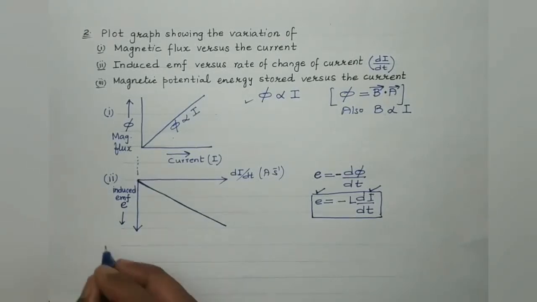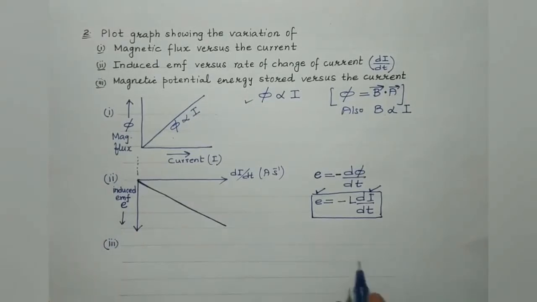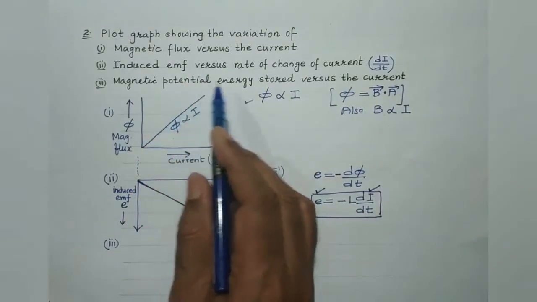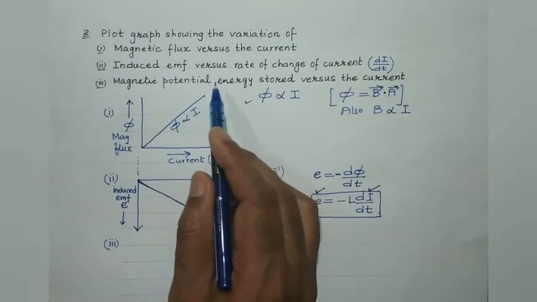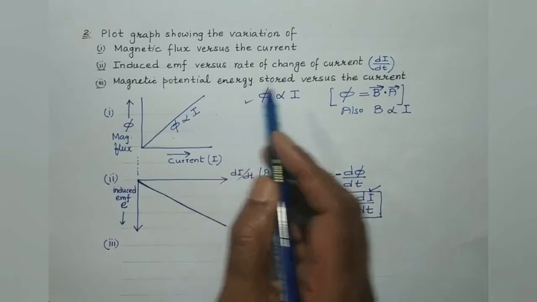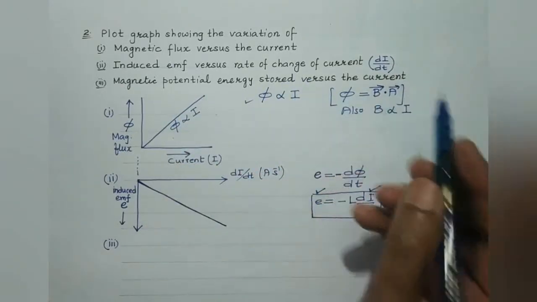Now let's consider the third case. We are supposed to plot a graph between magnetic potential energy. It is actually the energy stored in the inductor, which gets stored in the inductor in the form of magnetic field. So it is also known as magnetic potential energy. And we are supposed to plot a graph between magnetic potential energy and the current, right?